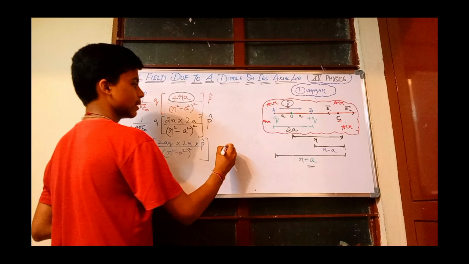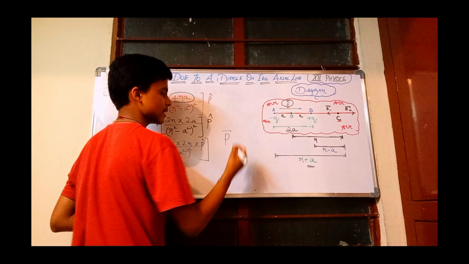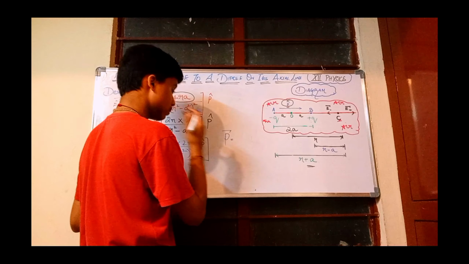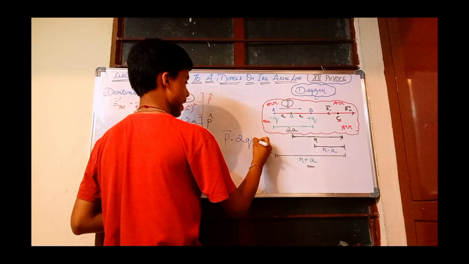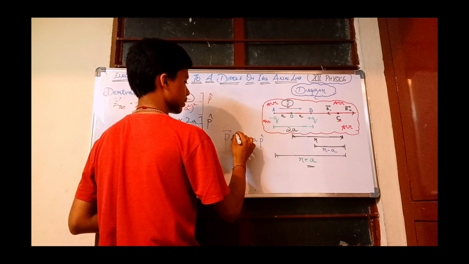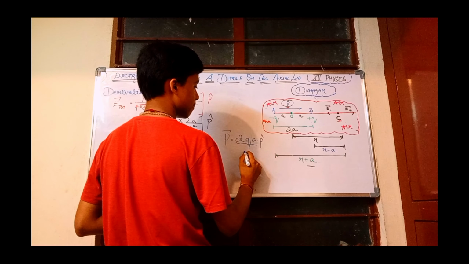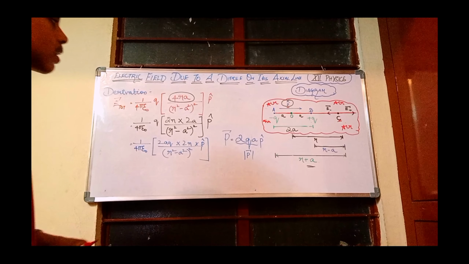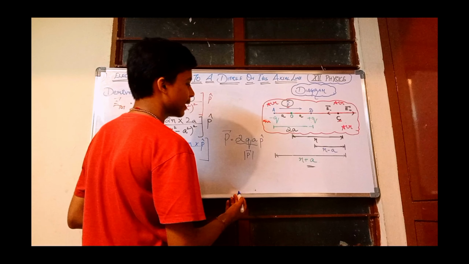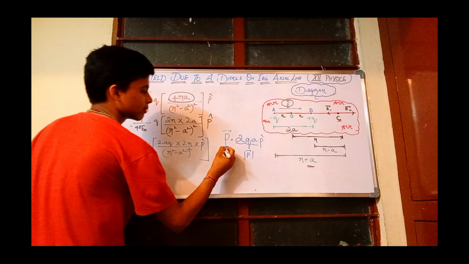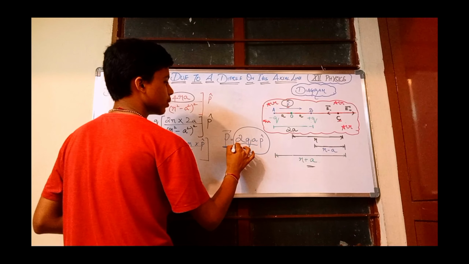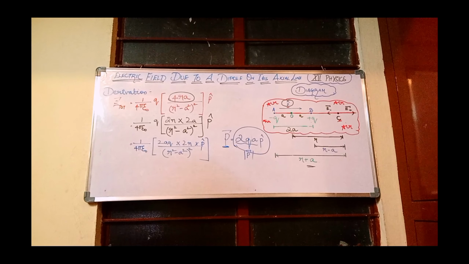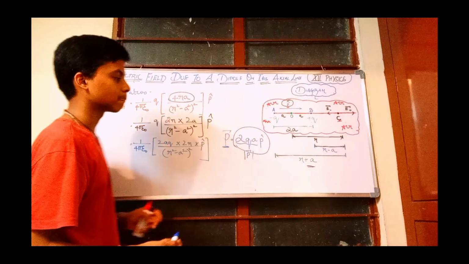Now we know that the p vector, which is nothing but the electric dipole moment, is equal to 2qa into unit vector. 2qa is nothing but the magnitude of the dipole moment. So in the place of 2qa into p cap, I can take the p vector, which is nothing but the electric dipole moment vector.